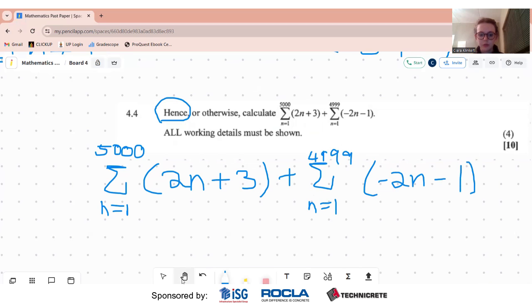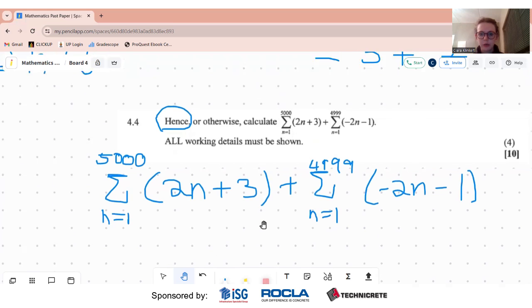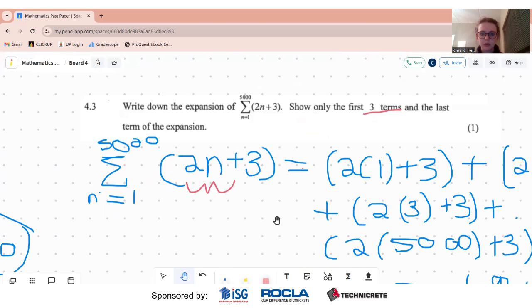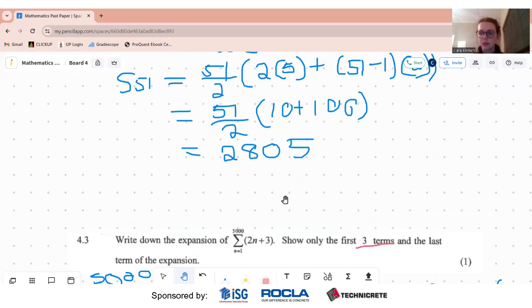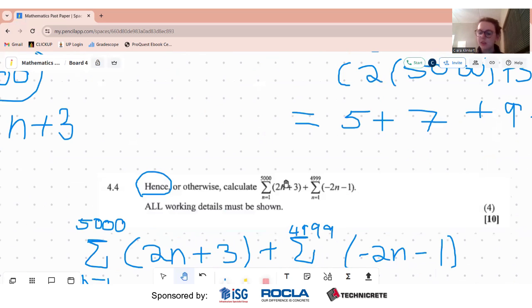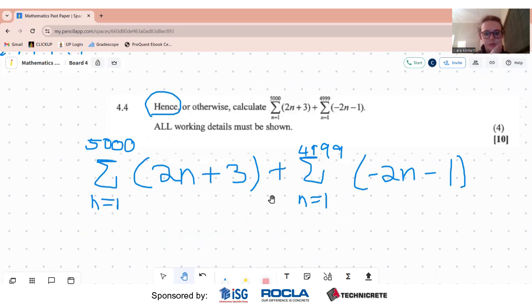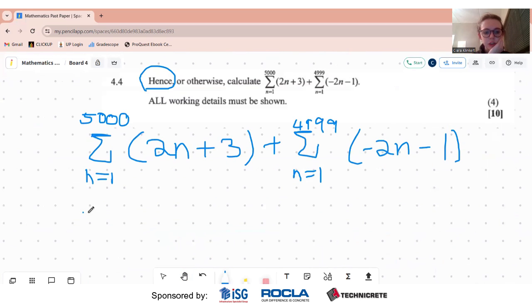Okay, so I just want to check what our original sequence was. No, our original sequence had a general term of Tn plus 4. So we're not going to be using that at all. We're disregarding that original sequence. Okay, so first we're going to expand the first sigma, and I'm going to write that in pink.